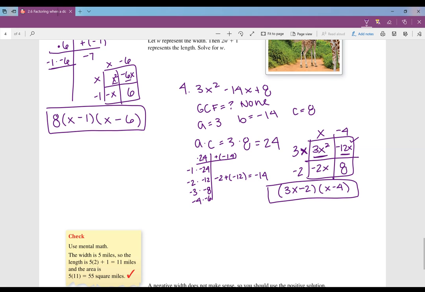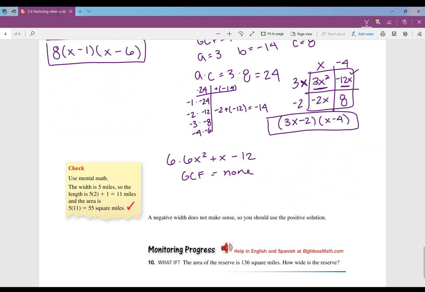All right, and then we have one more question, number 6. That one is 6x squared plus x minus 12. So we need to check for GCF, which there is none, right? Not between 6, 12, and negative 12. And then our a will be 6, b is going to be 1, and c will be negative 12.